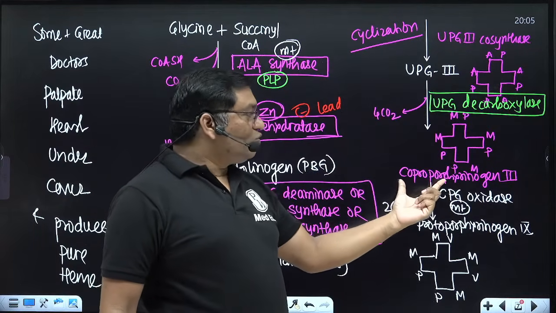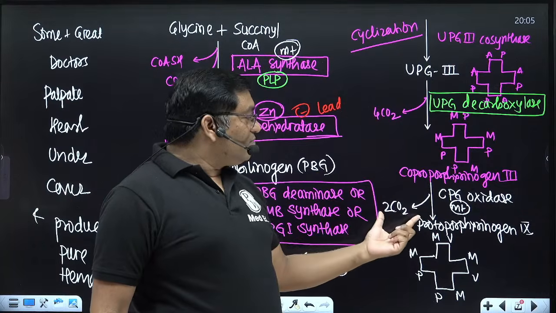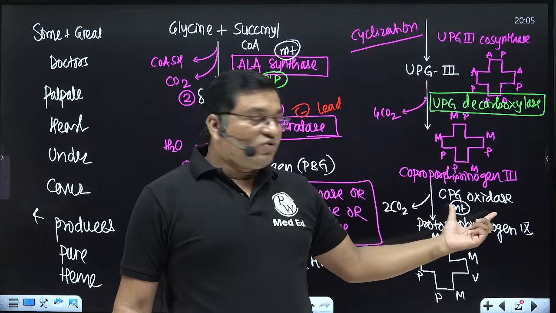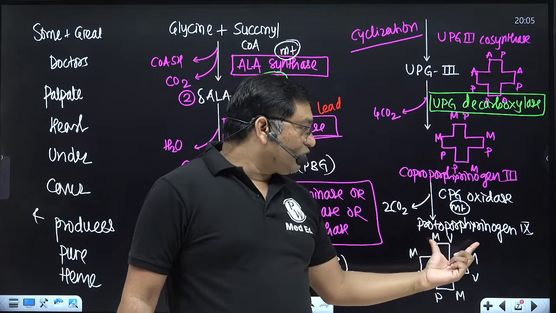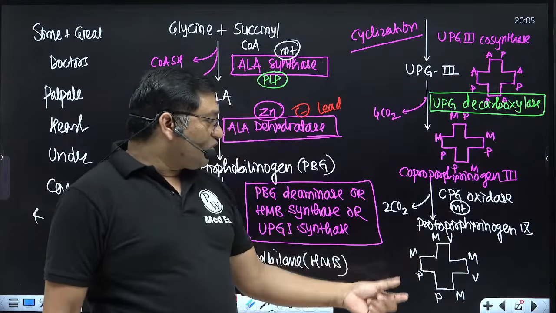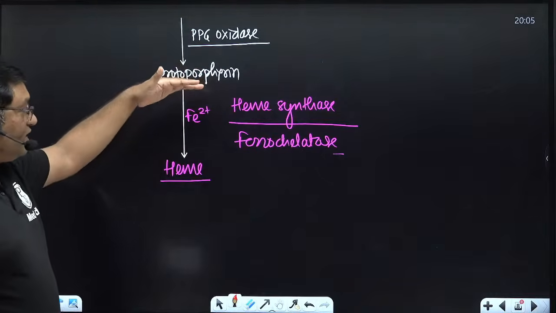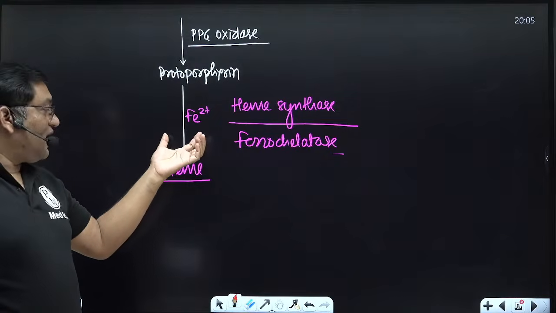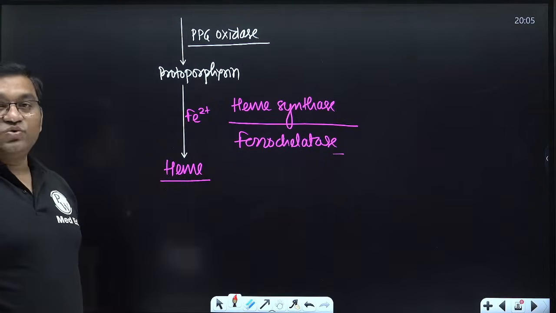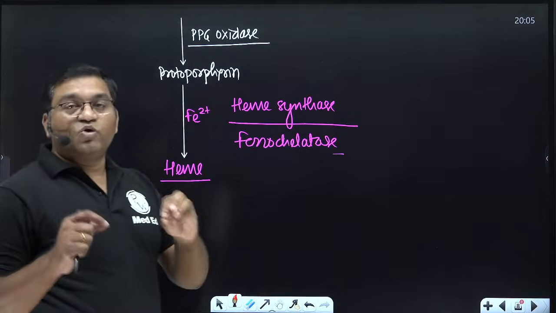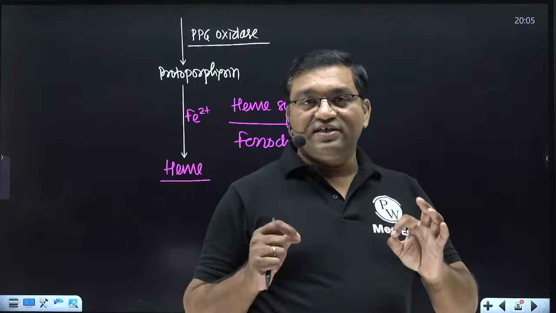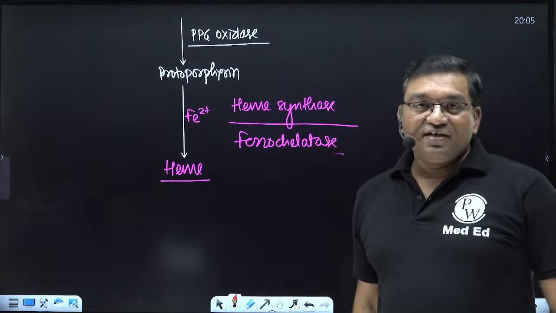Uroporphyrinogen is converted into coproporphyrinogen. Then again by the coproporphyrinogen oxidase, it is converted into protoporphyrinogen, and protoporphyrinogen is converted into protoporphyrin, and protoporphyrin, on incorporation of iron in the ferrous state, is converted into heme. Heme is nothing but protoporphyrin 9 with iron at its center.